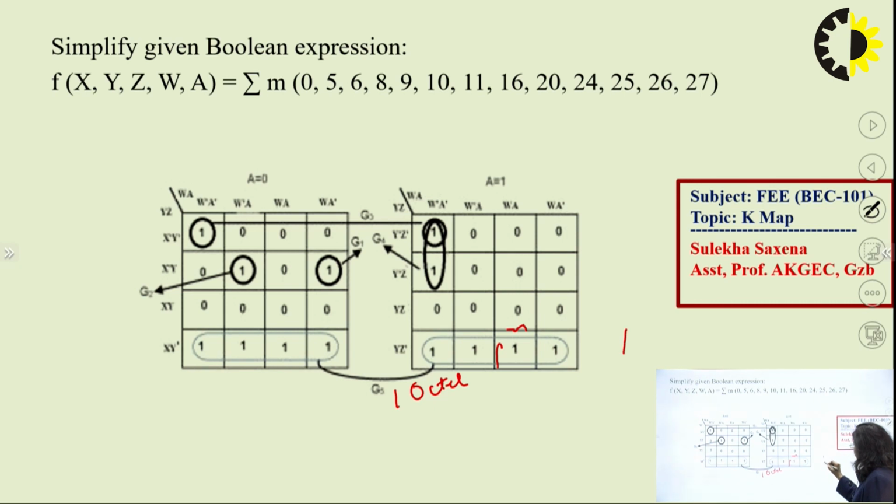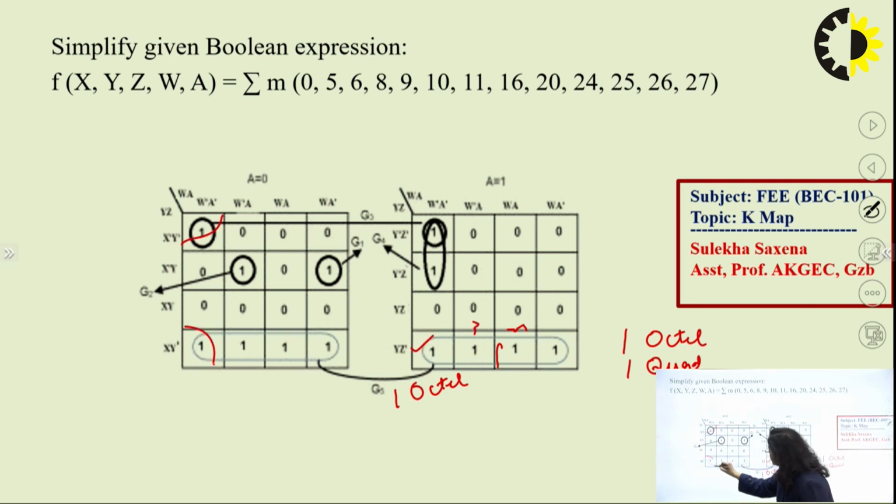So there will be 1 octet. 4 ones around the corner will form 1 quad. Then 1 pair, and this one will not get grouped with anyone. Similarly, this one will also not. So 2 singles.